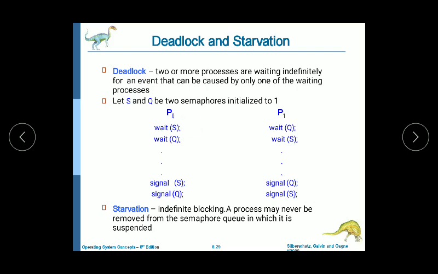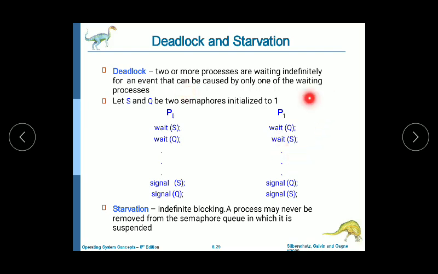P0 is waiting for resource S, but that resource is available only when P1 calls signal of S. Only when P1 calls signal of S can P0 get the resource S. Similarly, P1 calls wait of Q, so it is waiting for the resource Q. It can acquire the resource only when P0 calls signal of Q. The resource required by P0 is held by P1.